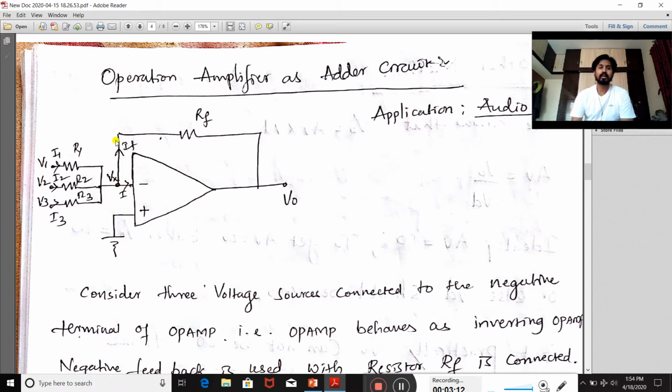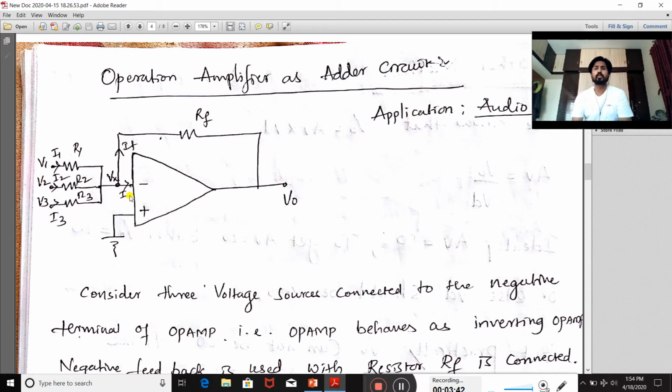There the current IF, that is the feedback current, is flowing, and here the current I is shown towards the op amp circuit. But as we all know, op amp has very high input impedance, in terms of infinite, so the current flowing into this op amp is 0, that is, I becomes equal to 0. That we'll see in the later stages.